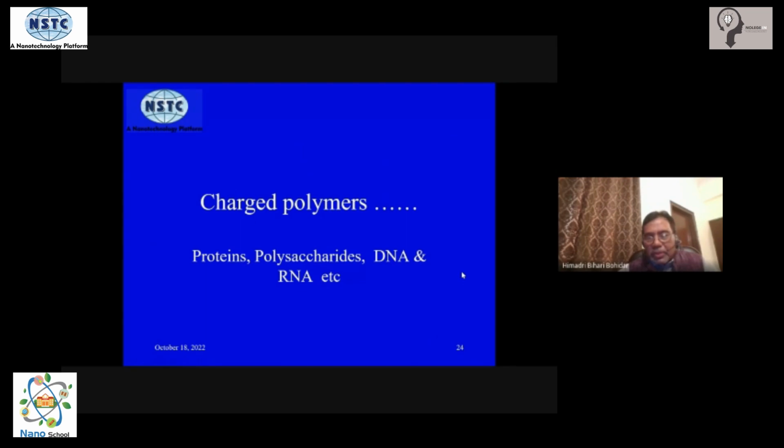Now all these biopolymers, proteins, polysaccharides, DNA, RNA, all of these are charged molecules. They carry a surface charge. Unlike synthetic polymers, all biopolymers carry a surface charge. There is a major difference between the two types of polymers.